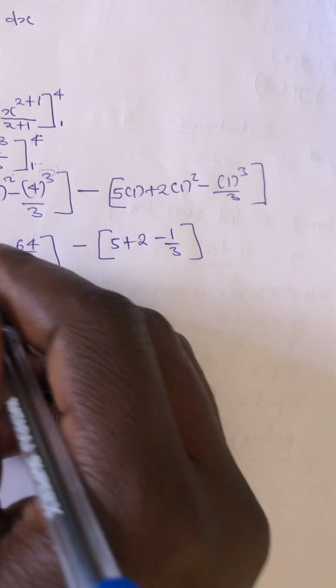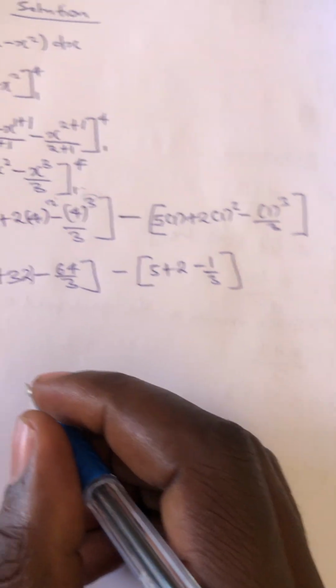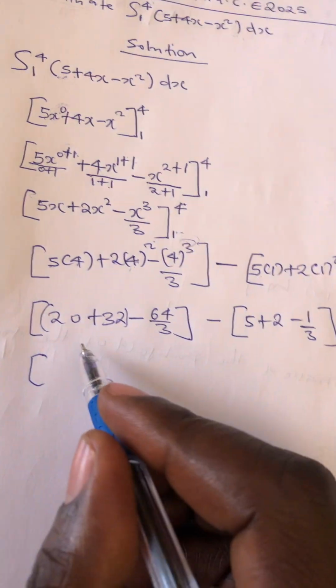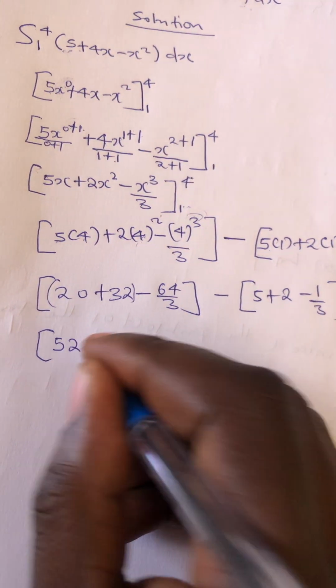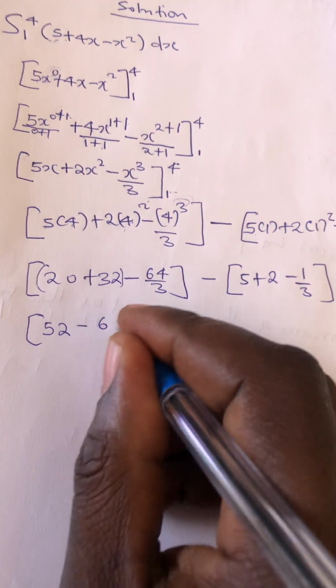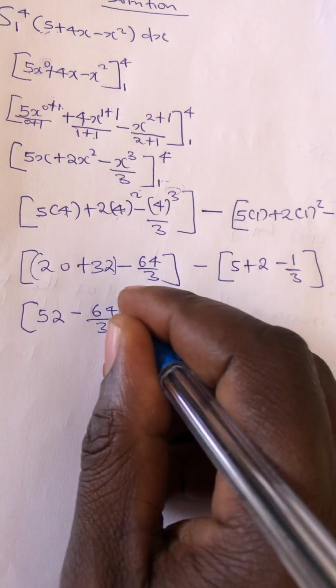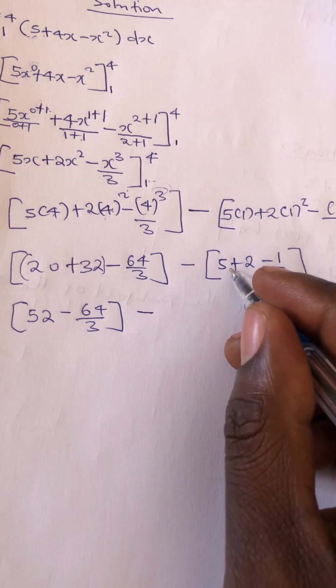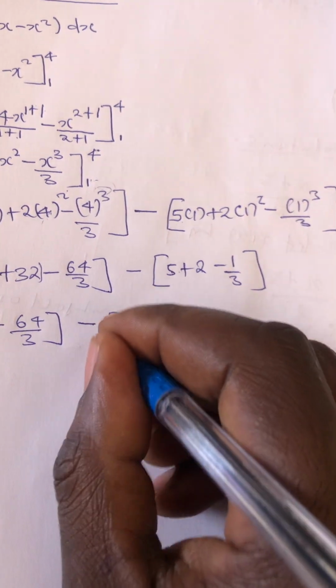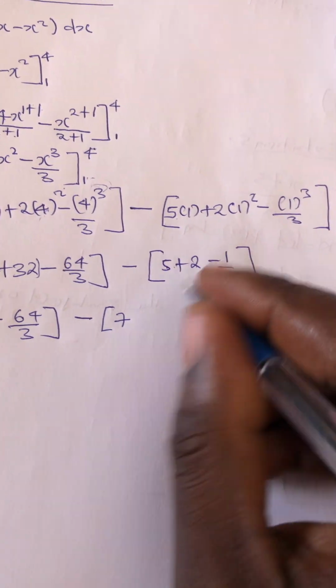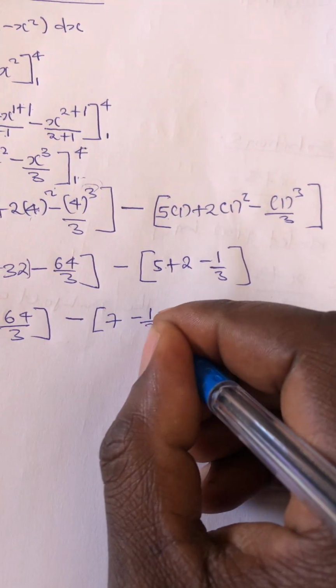Here we add 20 plus 32 to get 52, minus 64 over 3. Here we have 5 plus 2, which is 7, minus 1 over 3.